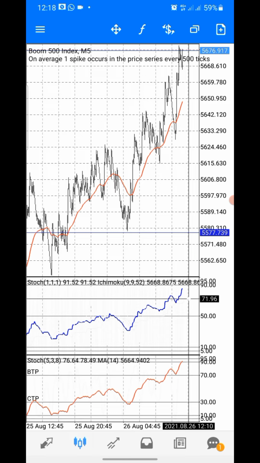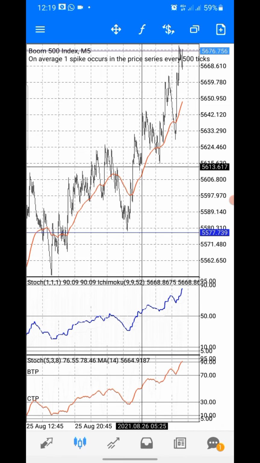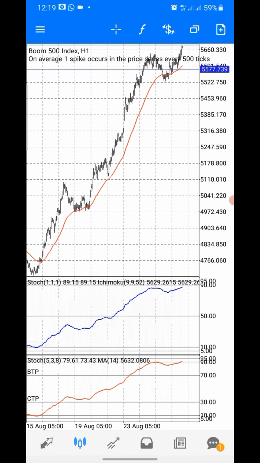But know this: if you are using this strategy to trade the market, especially boom indices, you have to know the trend, and that is the function of the moving average on our chart. This moving average helps us to see the direction of the market. If you move to a higher time frame like H1, it tells you what the market is doing.